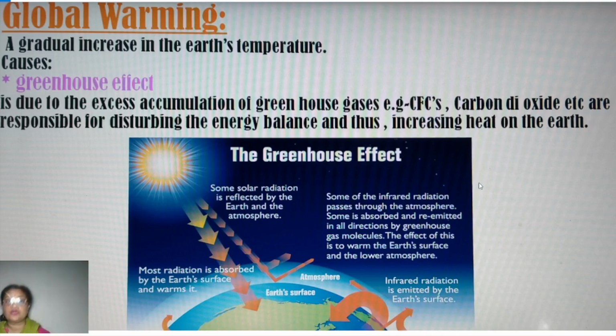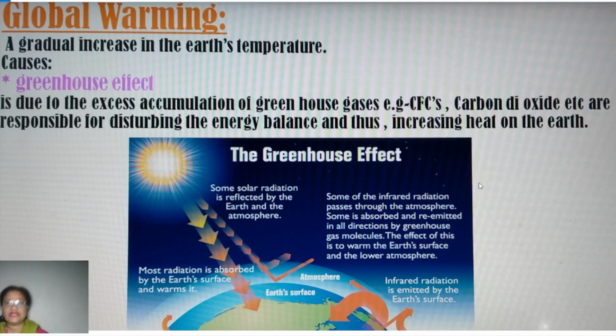So this is one role of the ozonosphere, and one more is that it doesn't allow the ultraviolet radiation. There would be a number of diseases if the ultraviolet radiations would reach the Earth's surface. A number of skin diseases, cancer, and many such diseases would happen.